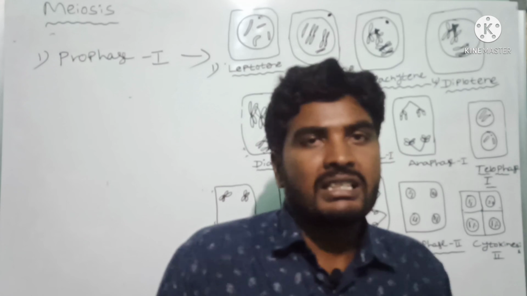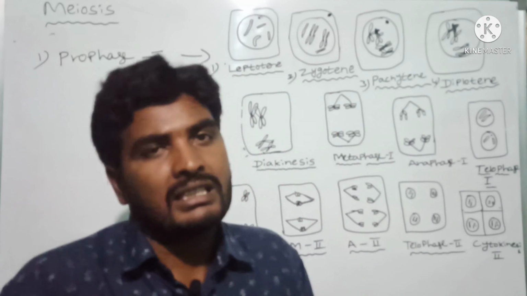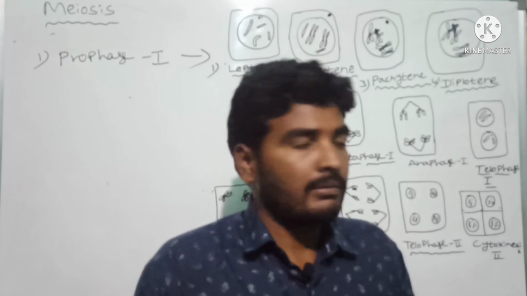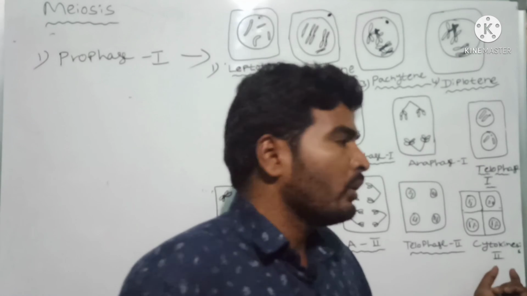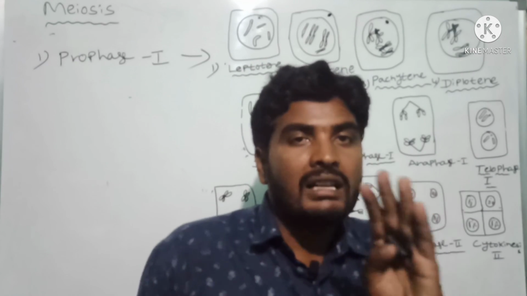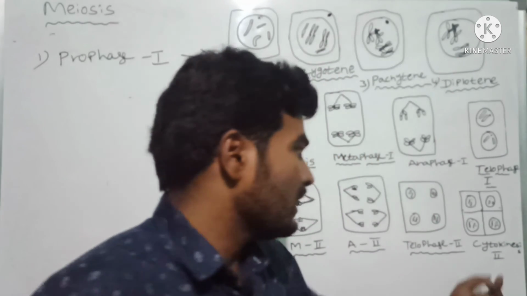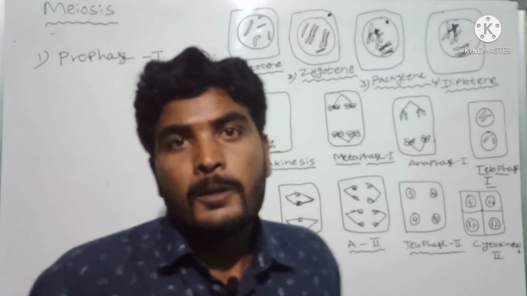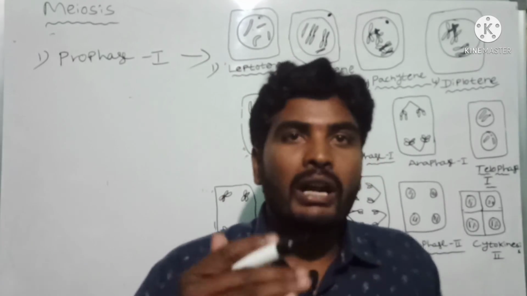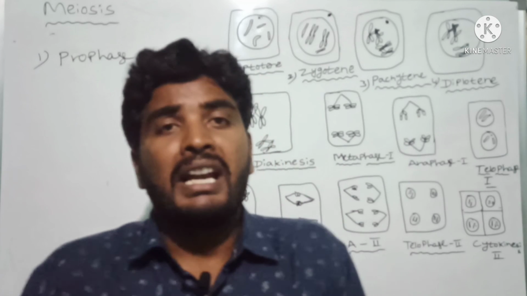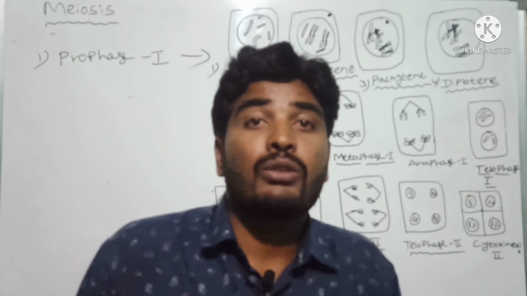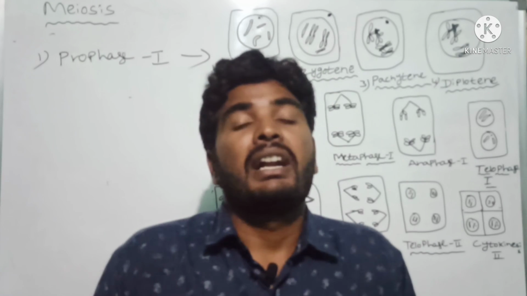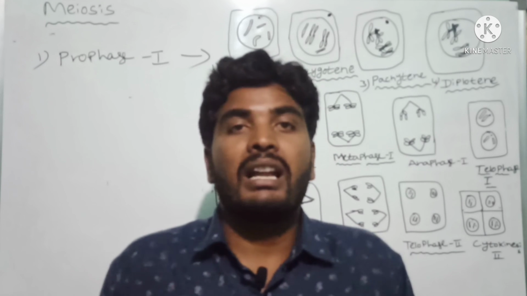What is cytokinesis? Division of cytoplasm. At the end of cytokinesis 2, 4 daughter cells are formed. So what are karyokinesis and cytokinesis? Division of the nucleus is called karyokinesis. Division of the cytoplasm is called cytokinesis.